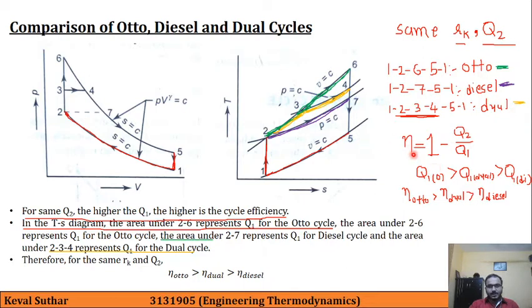Now our efficiency is given by 1 minus Q2 by Q1. Here we have kept Q2 constant. So the higher the value of Q1, the higher will be the efficiency. To see for which cycle Q1 is highest, we need to focus on the TS diagram.